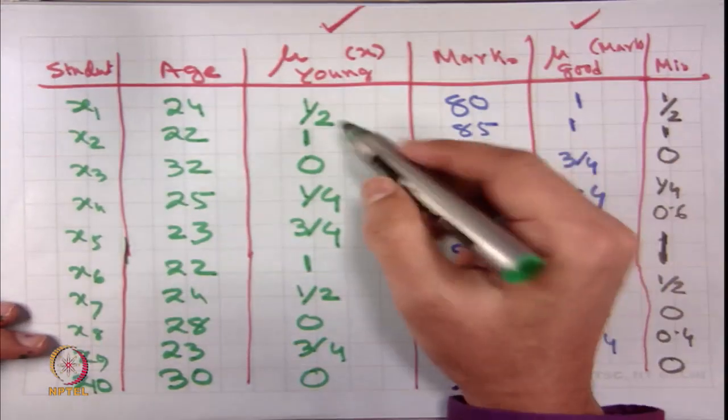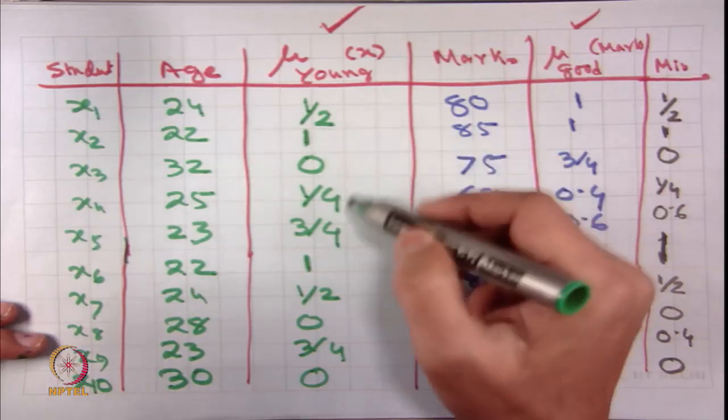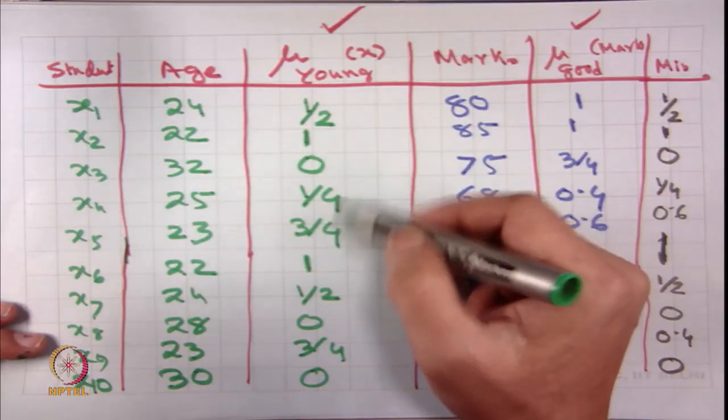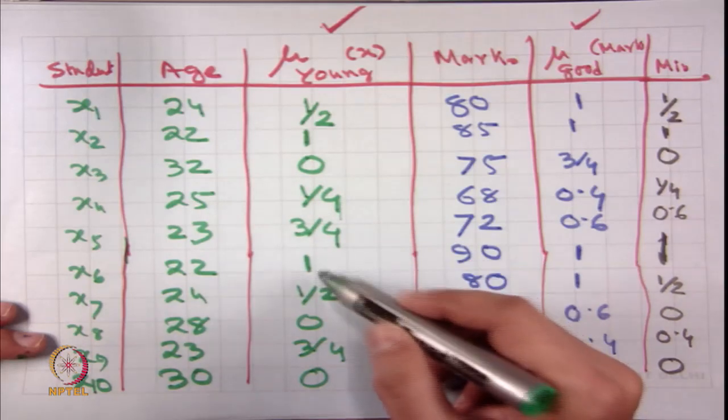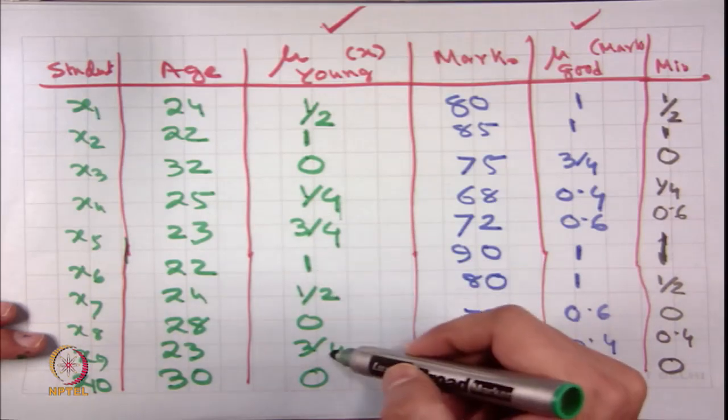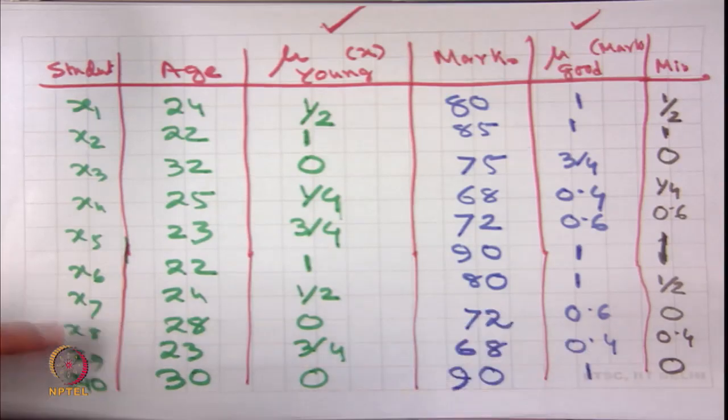This is equal to half plus 1, 1.5, 1.5 plus 1, 2.5, 3.5, 4 and 4.75.